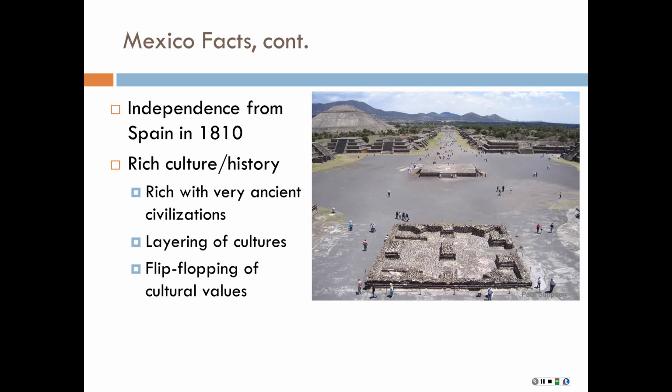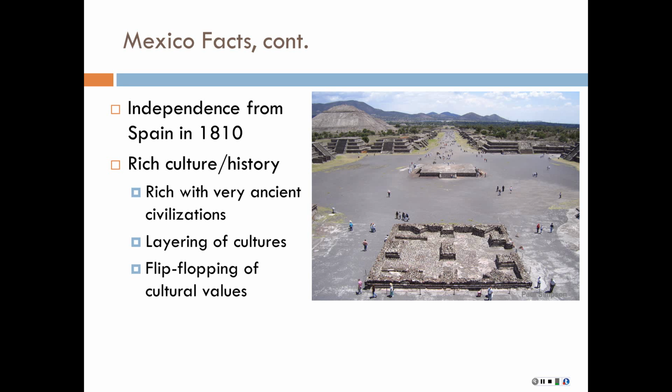Mexico gained independence from Spain in 1810, and it has a rich culture and history. There are a lot of ancient civilizations, the Maya and others. There's a layering of indigenous and colonial cultures, and a flip-flopping of cultural values. Initially, the Spanish looked negatively on most indigenous heritage.